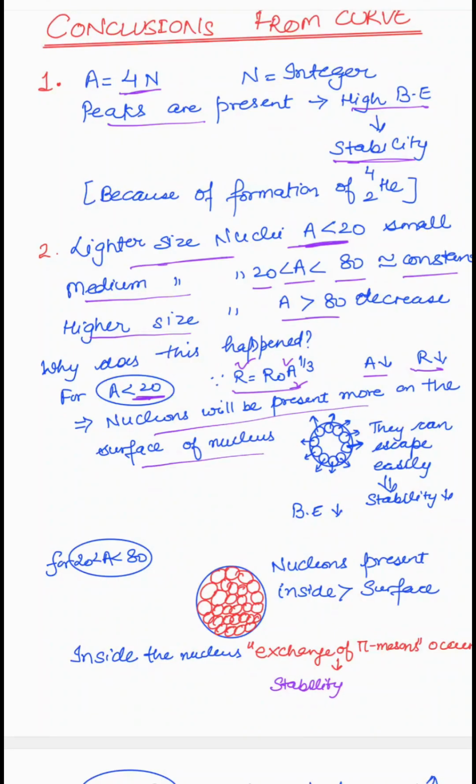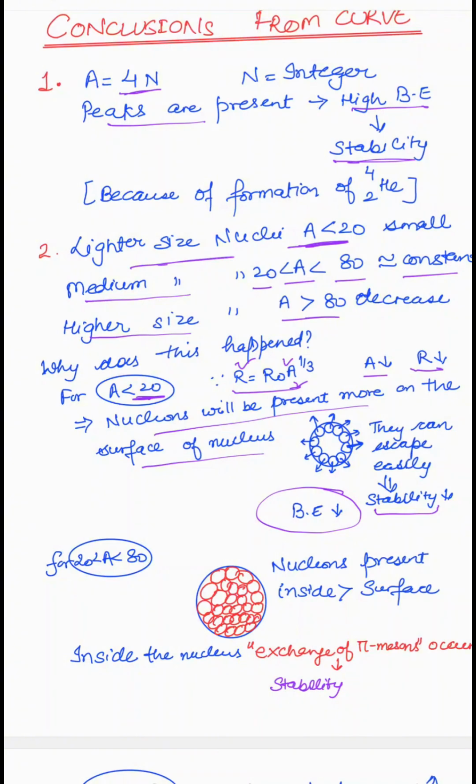Now in this case, with nucleons less than 20, we know that nucleons are present inside the nucleus, but when they are small in number they all will be present on the surface of the nuclei, and their tendency to move out of the nuclei is much higher, meaning they can escape easily, so the stability decreases. Stability decreases means binding energy per nucleon also decreases in this case.